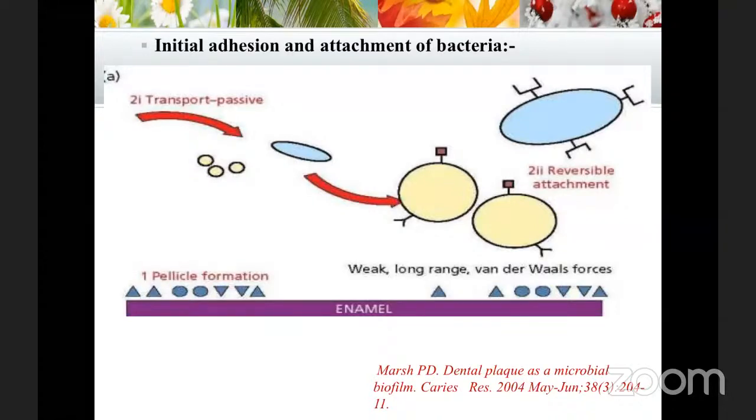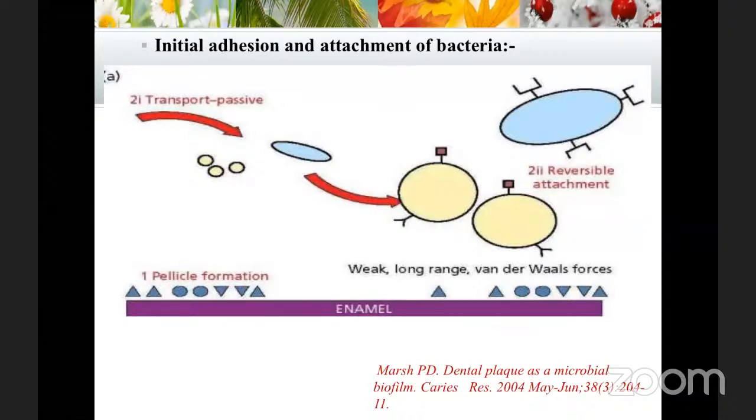So the first stage is the transport to the surface, which involves the initial transport of the bacterium to the tooth surface. This initial transport is not only by random contact, it is by Brownian motion, which is nearly about 40 microns per hour, and through sedimentation of microorganisms.